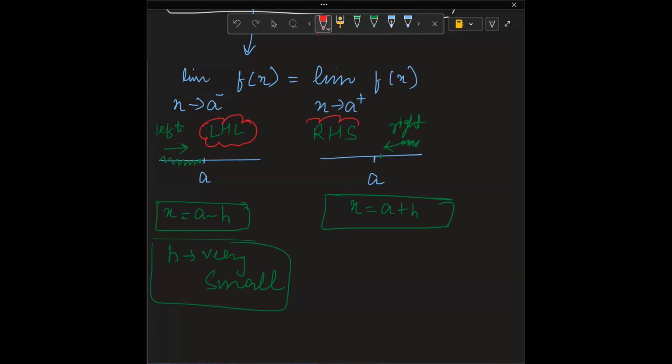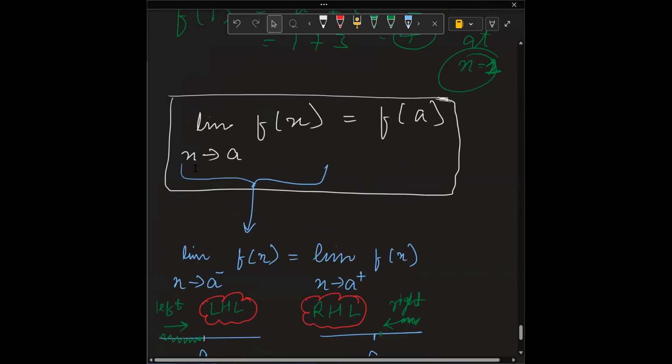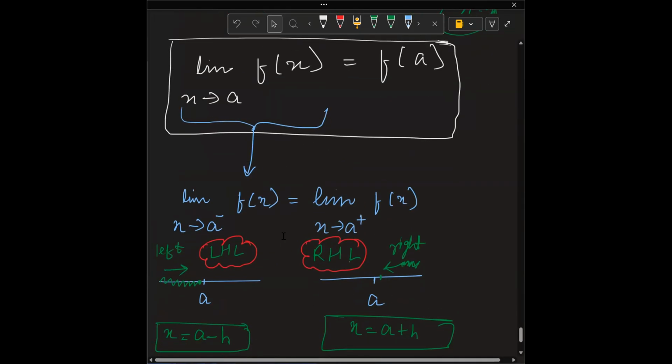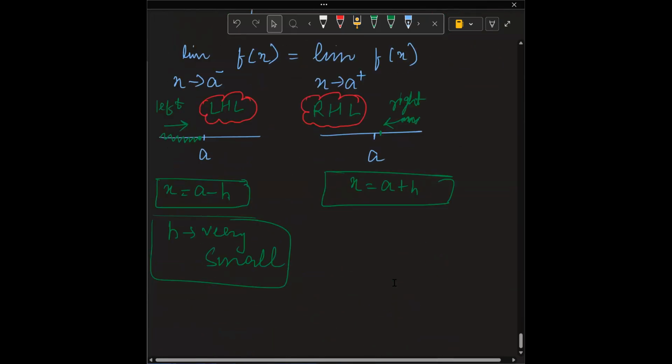When your function is continuous, then this is LHL and RHL, the right hand limit, and they should be equal, and all of this should be equal to f(a), that is the function value.